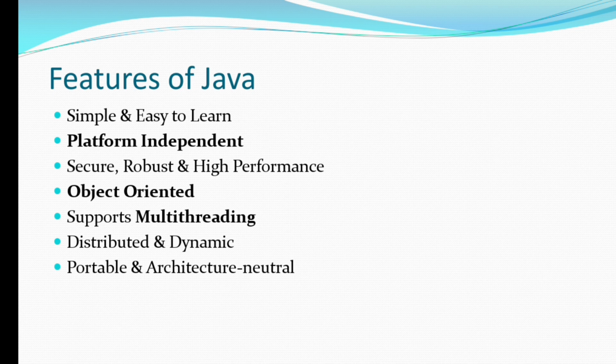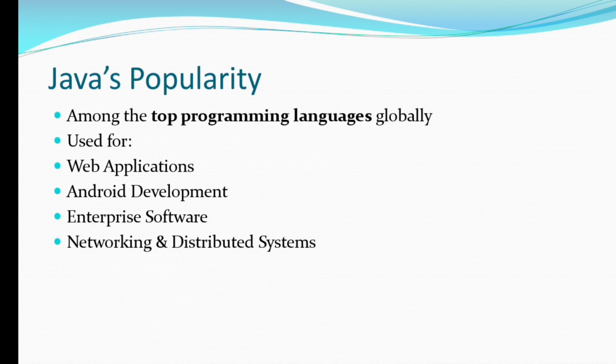Distributed and dynamic, portable and architecture neutral. I hope portable means we can share our code to any other operating system. Architecture neutral means the data type size will not vary from processor to processor, whether it is 32-bit or 64-bit or any processor. Why is it very popular?